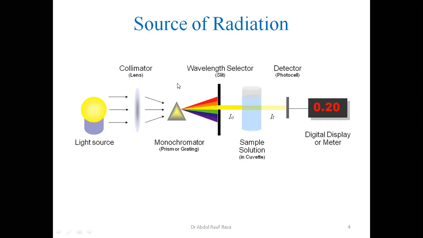So what happens in a spectrophotometer? We rotate this prism. This prism is connected with a motor. When the source of light is coming, it rotates the angle.